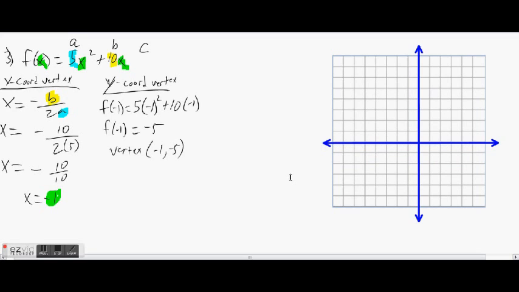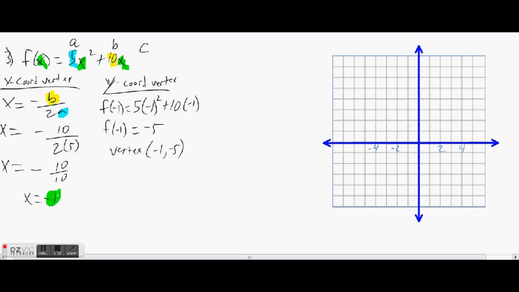Alright, let's start plotting some points here. First thing I need is a scale. So my x-axis, let's just go by ones. Do you agree I went by ones?